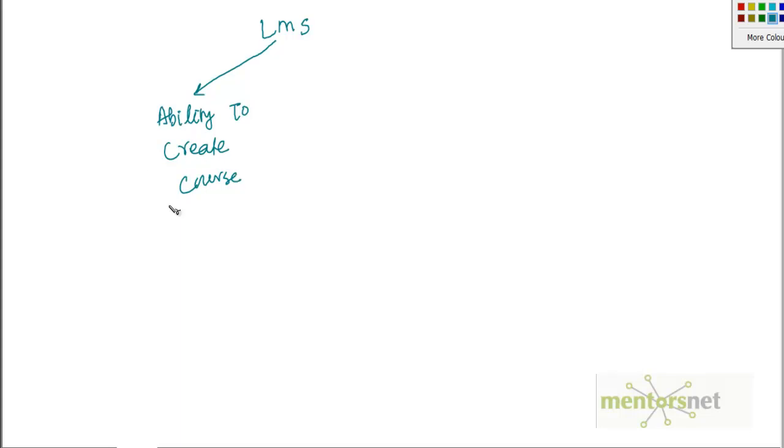This functionality is often called CMS, or course management system. The second functionality that the LMS gives you is a virtual learning environment. What do I mean by that? A student can learn from the course that a teacher or administrator created.